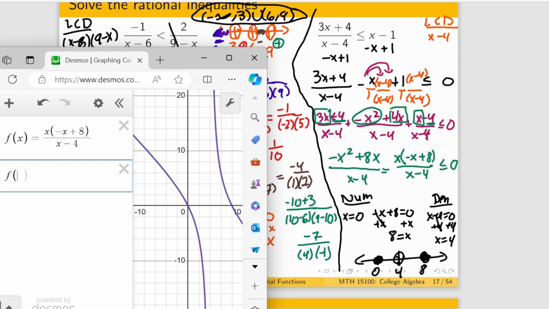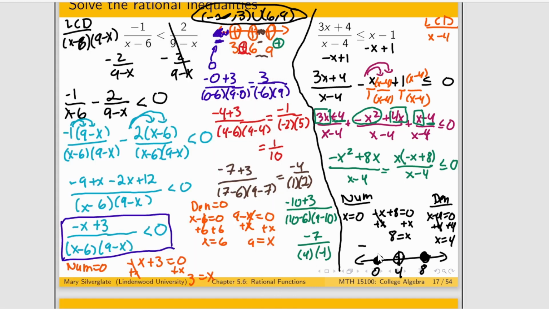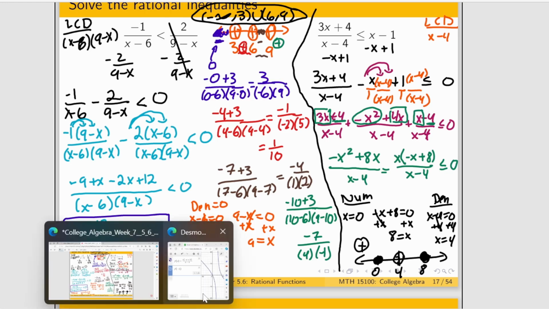And then I could put my testing points into my calculator. So for example, something smaller than 0 would be negative 1. And that result is a positive number. And according to my symbol, I only want to include numbers that are less than or equal. So I don't want to include that.